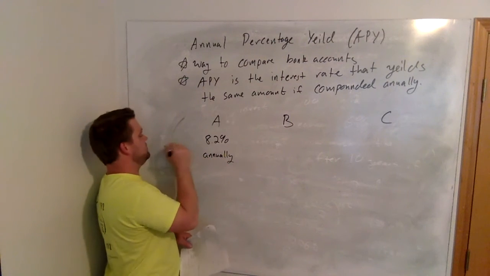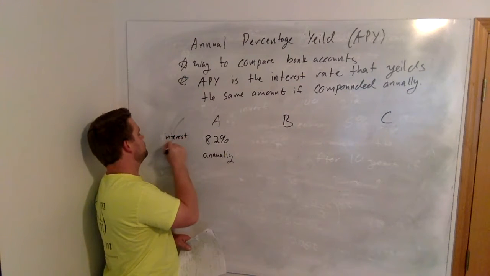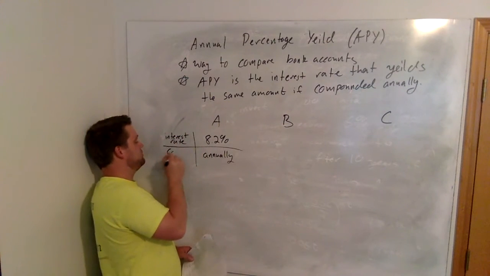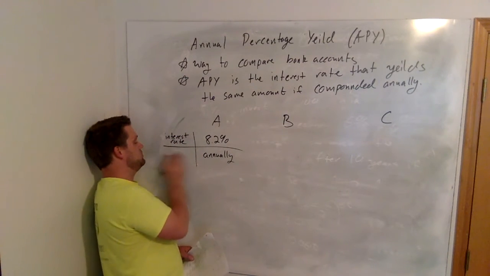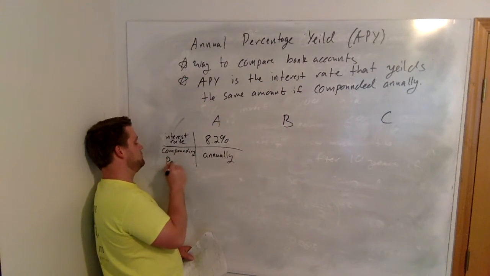So this is interest rate, and this is compounding period.